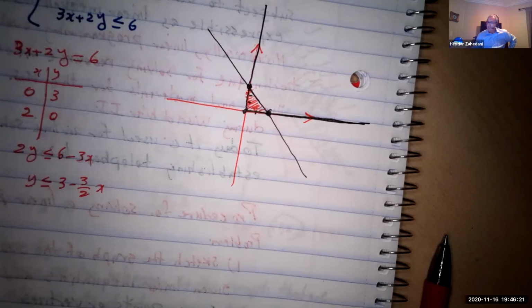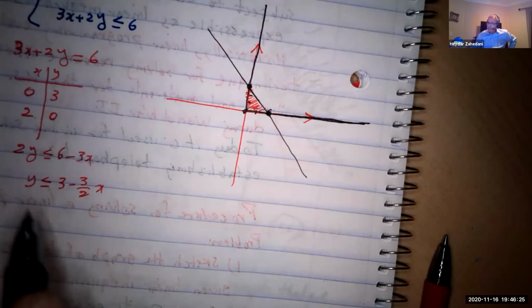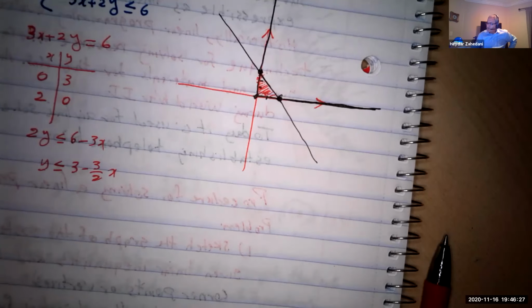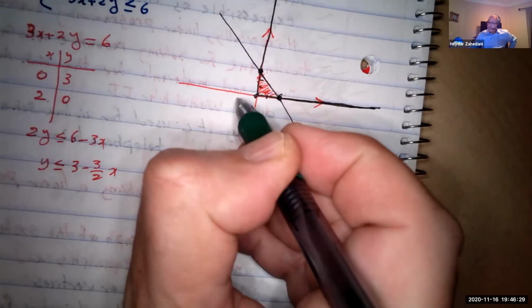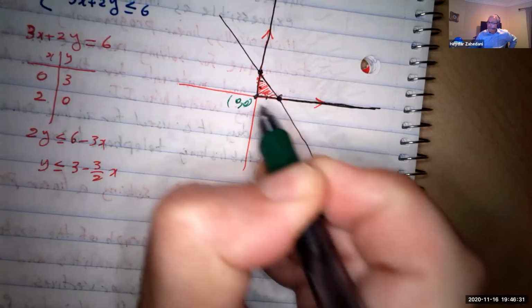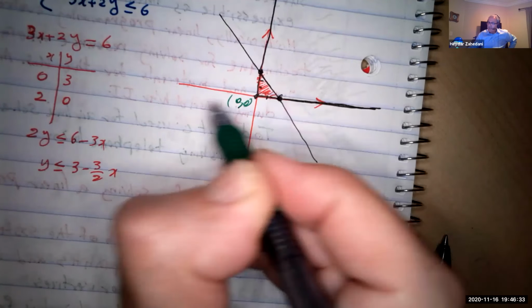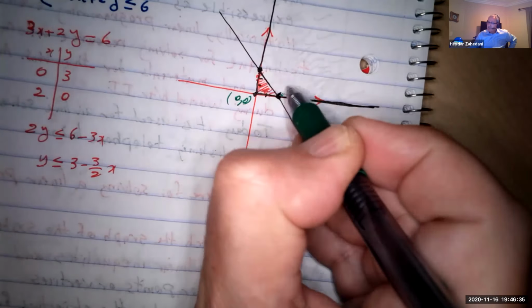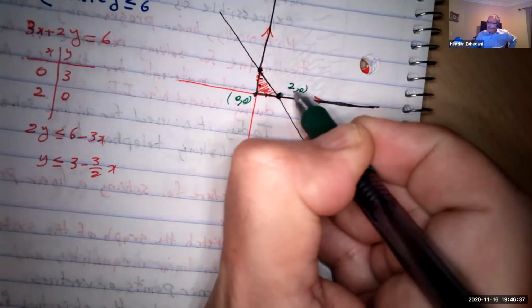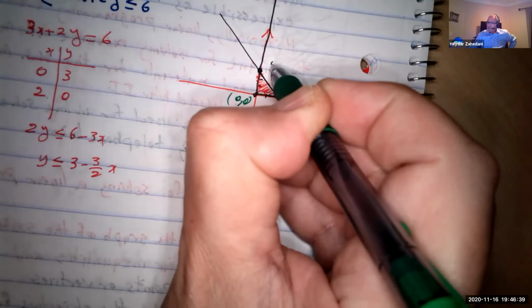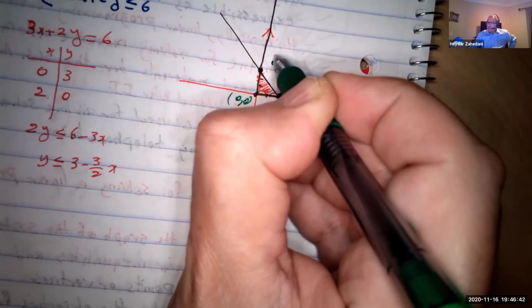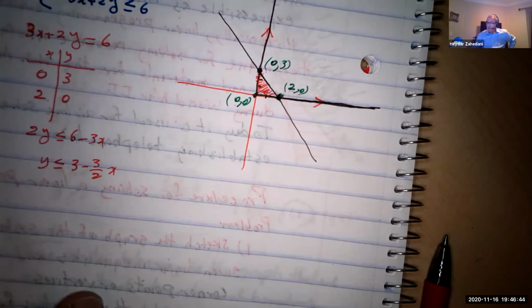So in this case, the corner points are going to be, okay, so what is this point? This is going to be 0, 0. And we got this one by this intersection point. So that's 2 and 0. And this point is 0 and 3. So these are going to be the important parts.